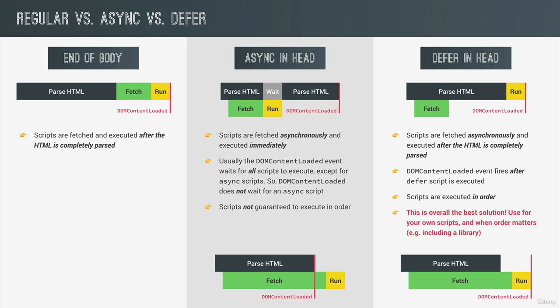Now, for third-party scripts where the order does not matter, for example, an analytics software like Google Analytics or an ad script or something like that, then in this case, you should totally use async. So for any code that your own code will not need to interact with, async is just fine. So it's a good use case for this kind of scripts.